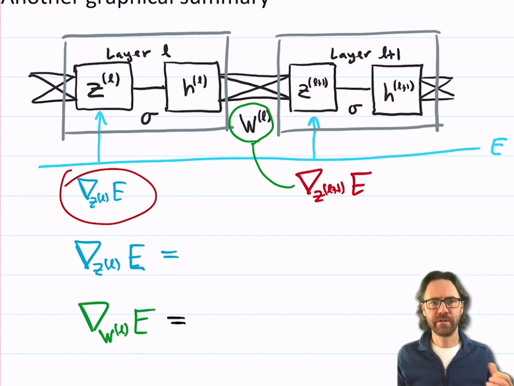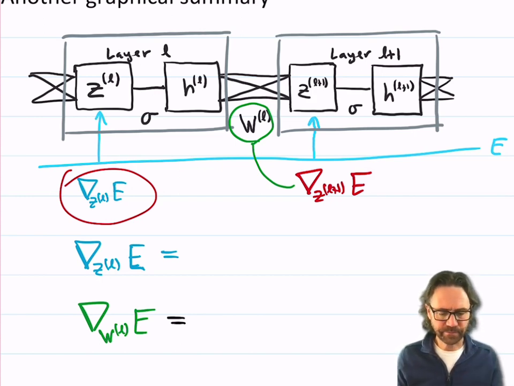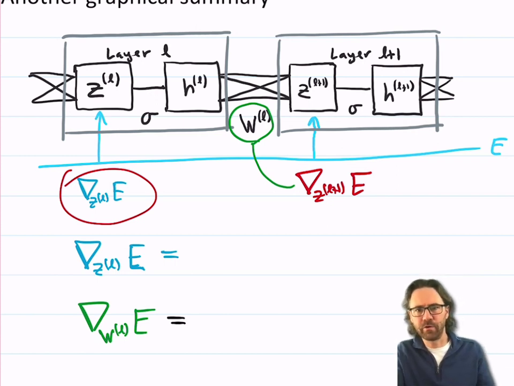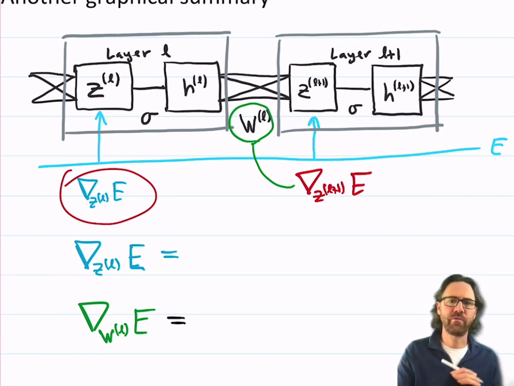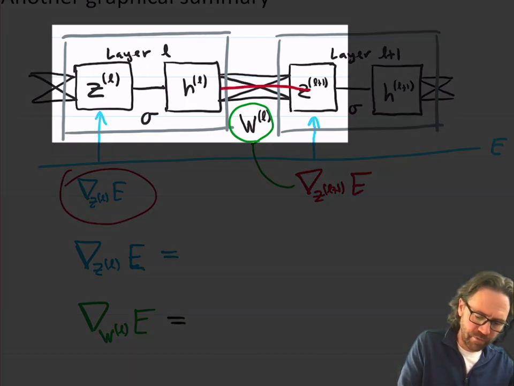So the two important equations for backprop are these. The first one is pushing it down one layer, going from the gradient with respect to the input current of one layer to the gradient with respect to the input current of the layer below. So to do that, again, we have to go through the weights and then through the activation function.